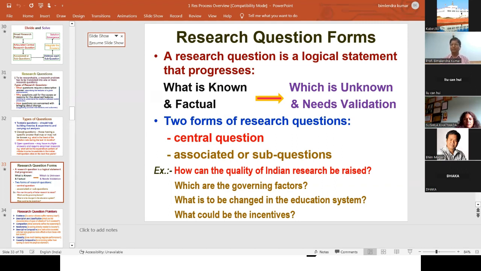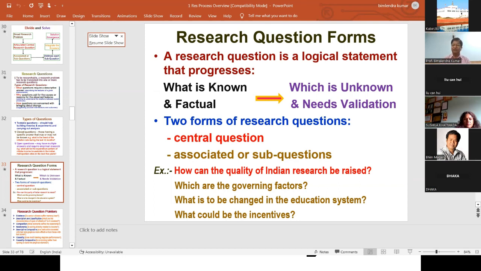Research is based upon the things already available to us, and you are interpreting or analyzing them in a different manner.